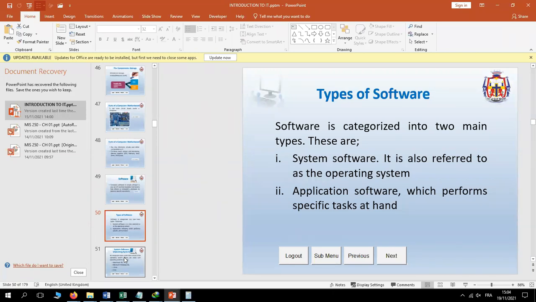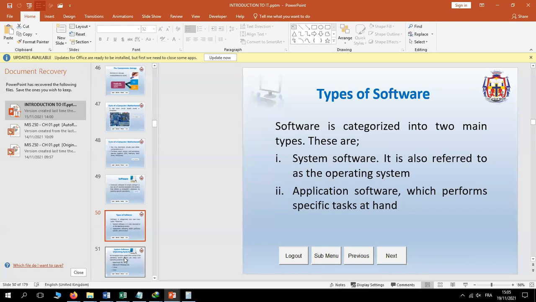Can we say it if we are following? I don't know if somebody is with me. Operating. Okay, somebody. Thank you very much. But system software can also be called operating system. So the system software is what we're calling operating system.